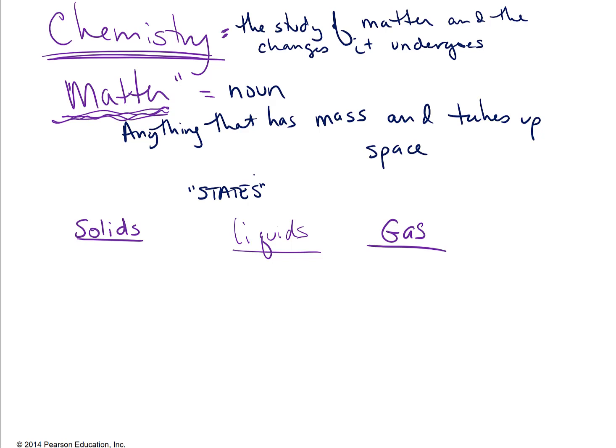So if you have the same substance of matter, which of these states will those particles be closest together? Solids. So solids, in fact, are so close together they touch. They get packed together very tightly and form a very regular, rigid arrangement so that there's no real air space between them.